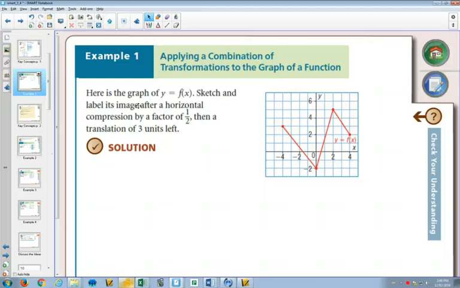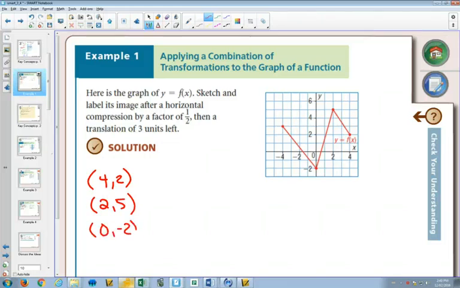So again, if I had this graph with those same points, I can label those points again. Is it the same graph? No. (4, 2), (2, 5), (0, -2), and (-4, 3). So I have those 4 points.